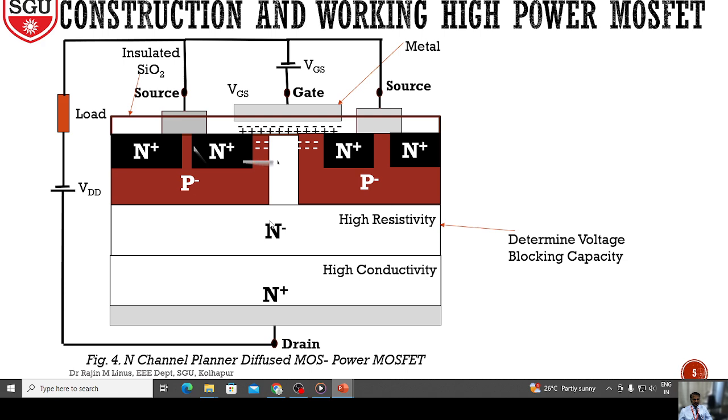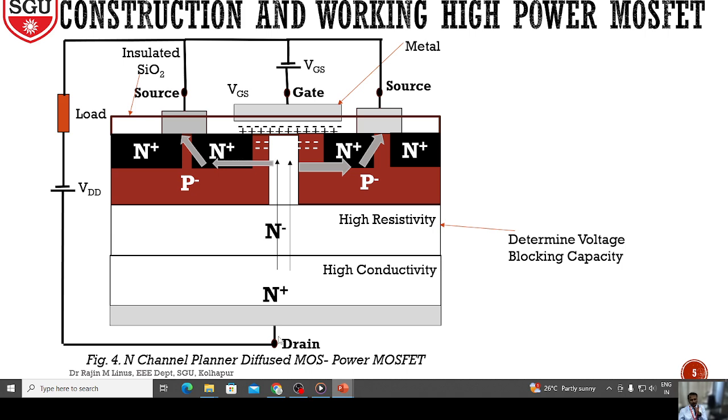Therefore, this junction will be forward biased, and current will flow through like this. Electrons will flow in the opposite direction. Similarly, another parallel path will flow through. This is the current flow direction, so current will flow from source to drain. Likewise, this is how the working goes.